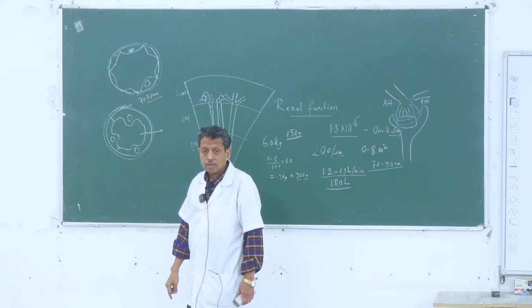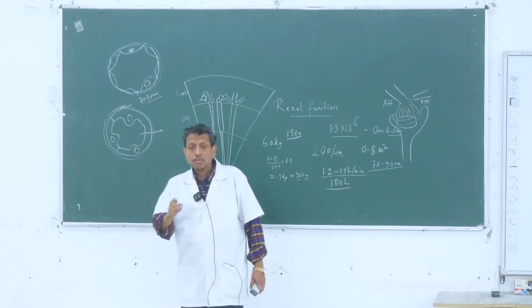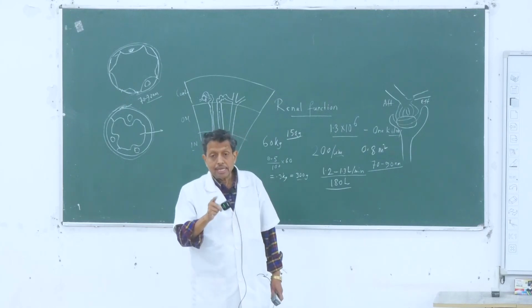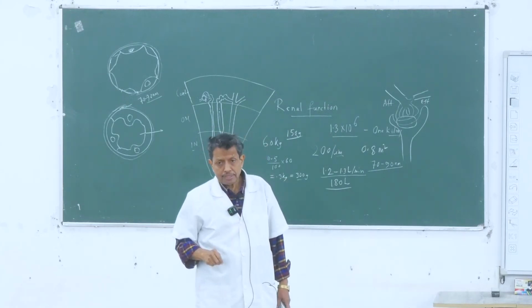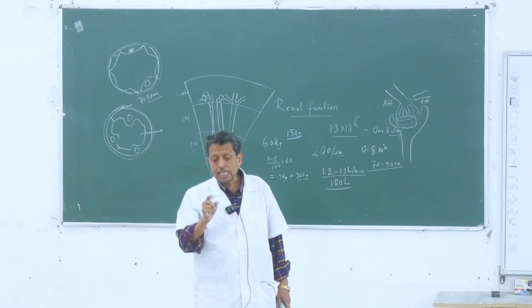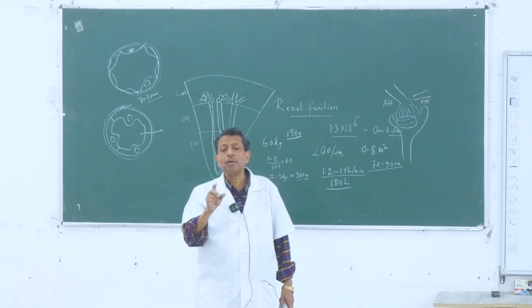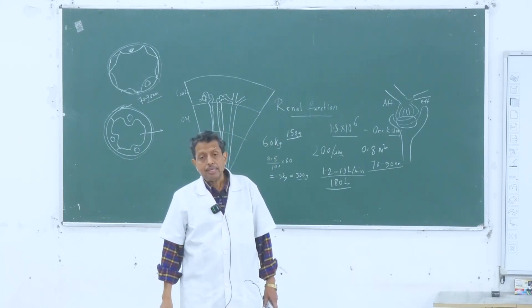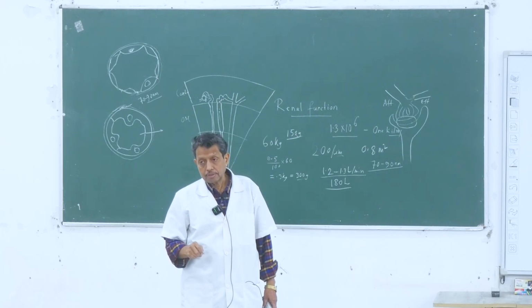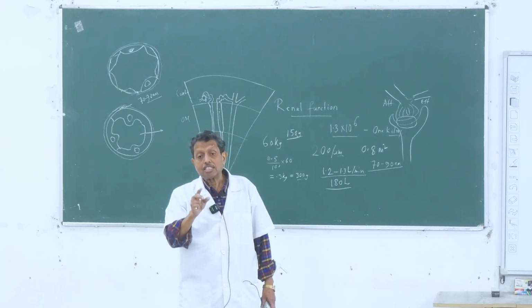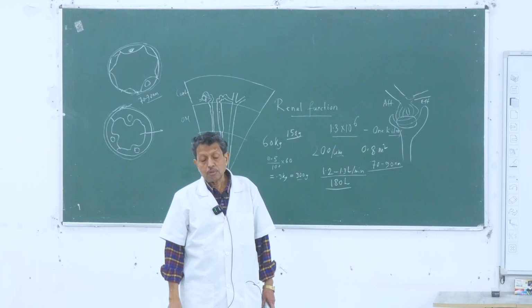In case of kidney, there is a need of increased permeability, but at the same time there is some protection so that very large molecules like plasma proteins, lipid substances and cellular elements do not traverse.